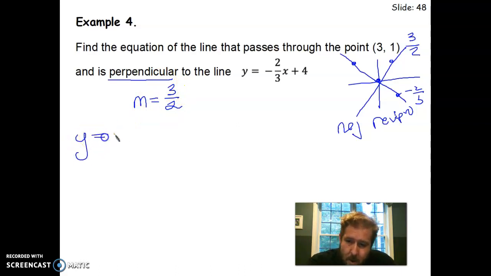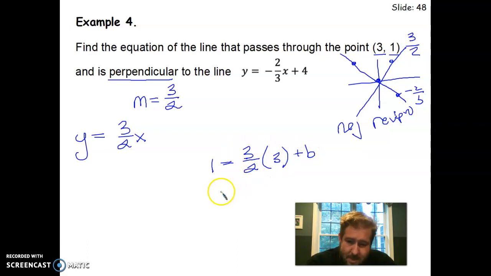So meaning that our equation, which we can already write, but we just don't know the y-intercept. So once again, like we've done on the last questions, let's plug in the point that they gave us and find what the y-intercept would have to be with that slope. So that would be y equals m times x, and then plus b.